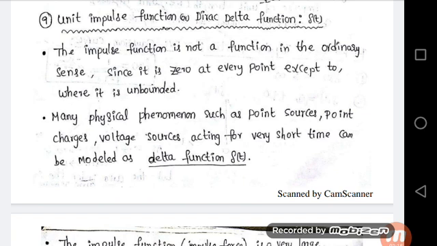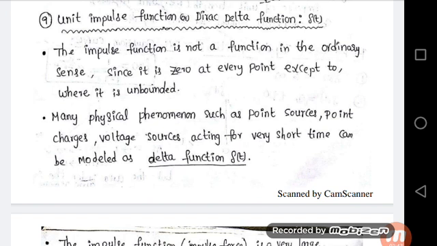That means, compared to the different functions of signals, the unit impulse function is a separate function compared to the other functions, since it is 0 at every point except where it is unbounded.